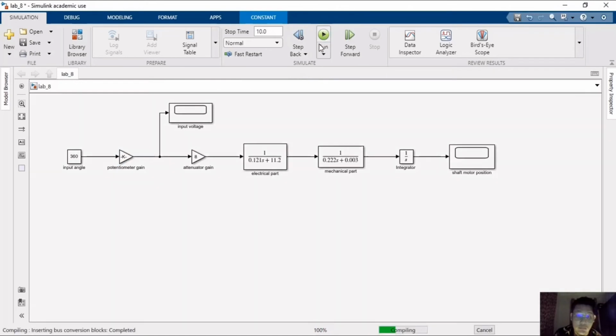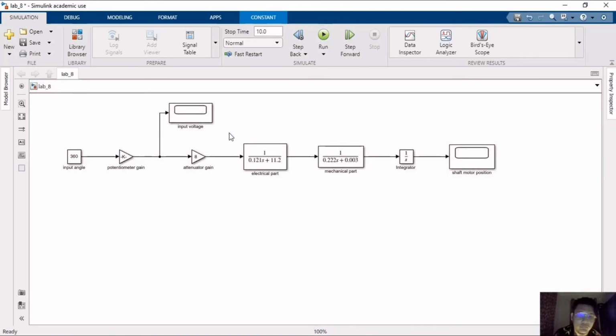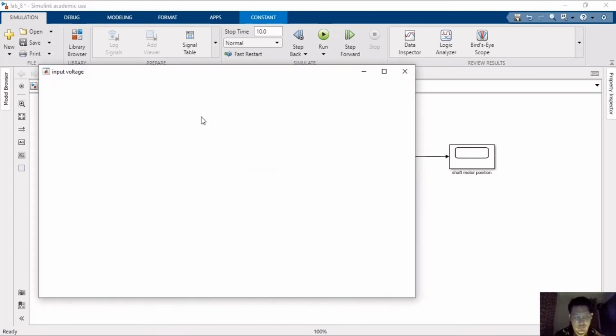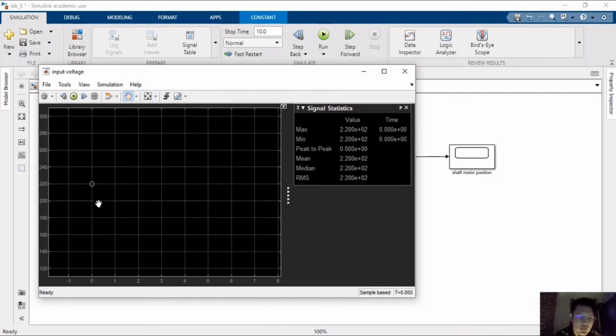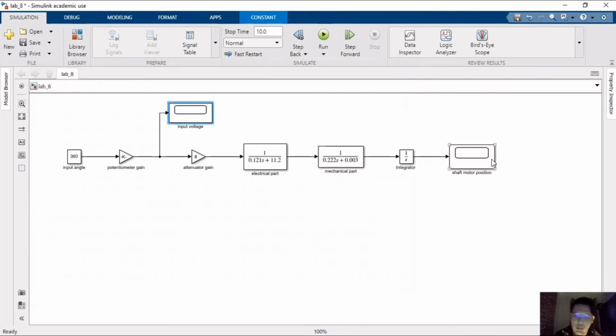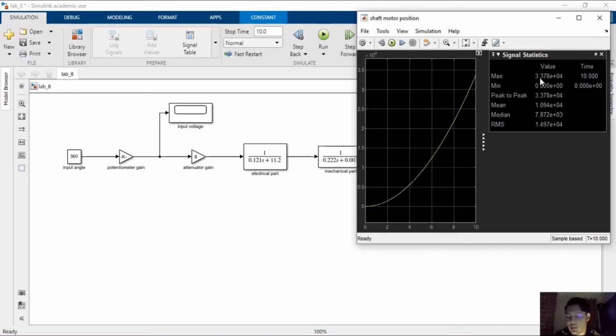Then I run the simulation. Now for the input voltage, as we can see here, it is 2.200, and for the shaft motor position we get the value 3.378.